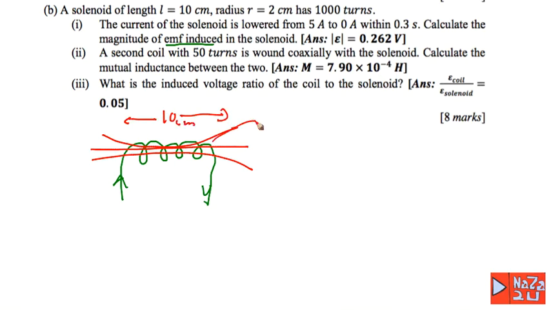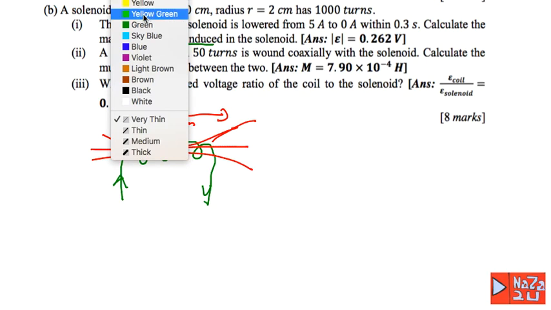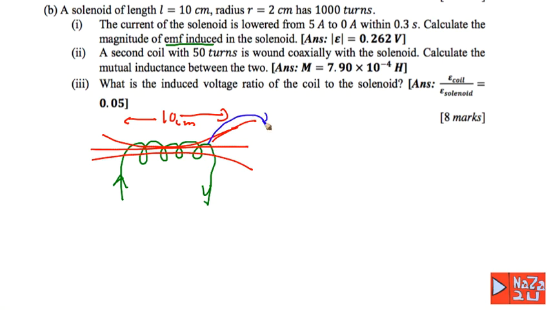And the radius of the solenoid is 2 cm, and you have a number of turns, and it is 1000 turns. The current flows from, let's say, I1 is 5 ampere and decreases to I2 0 ampere, right? So we have a change of the current flow.